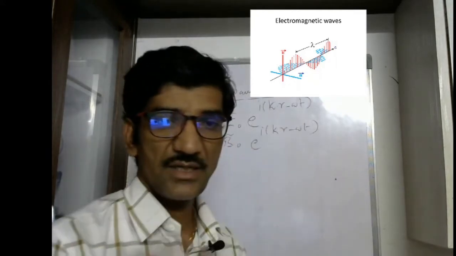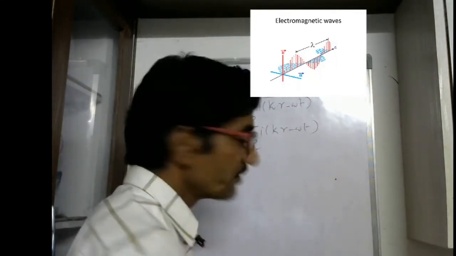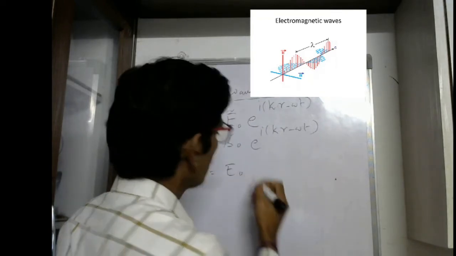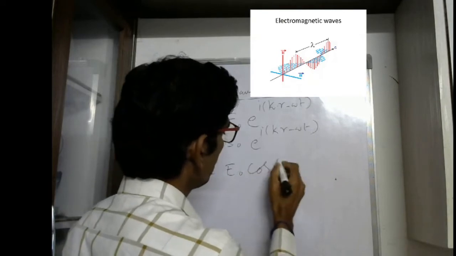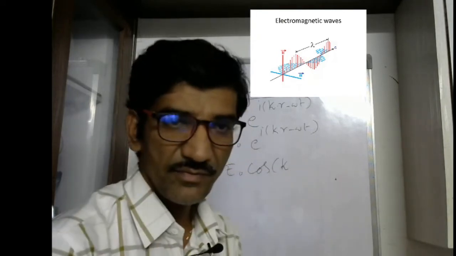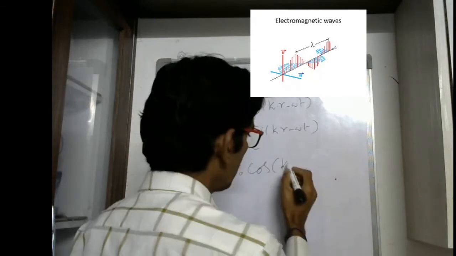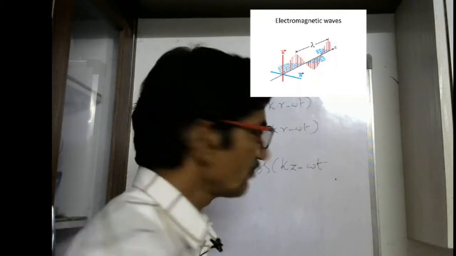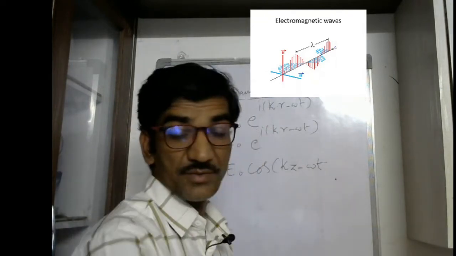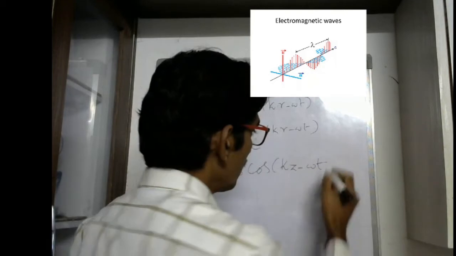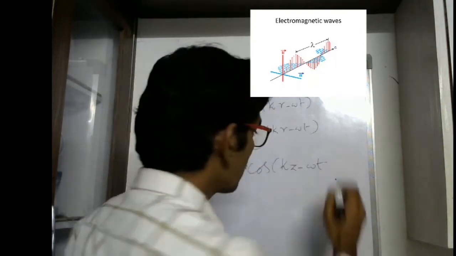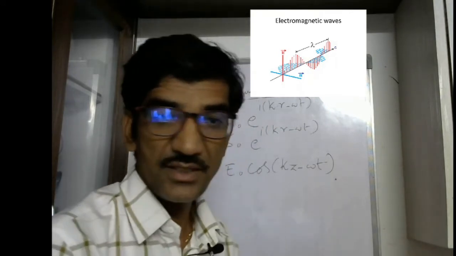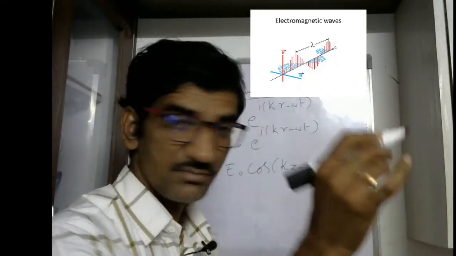If you want to get the real solutions, you simply write E is equal to E naught cos(kz minus omega t). If you want, you may include a phase difference. But there is no phase difference between E and B, so you have to introduce the same factor delta.